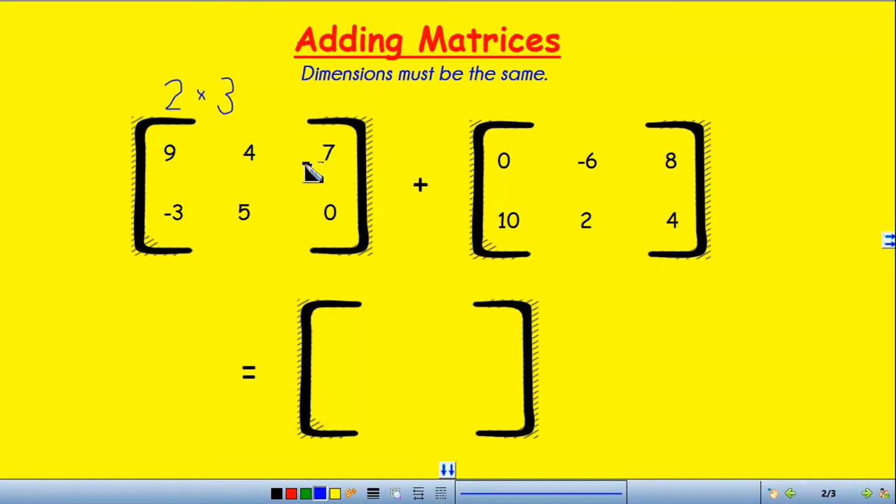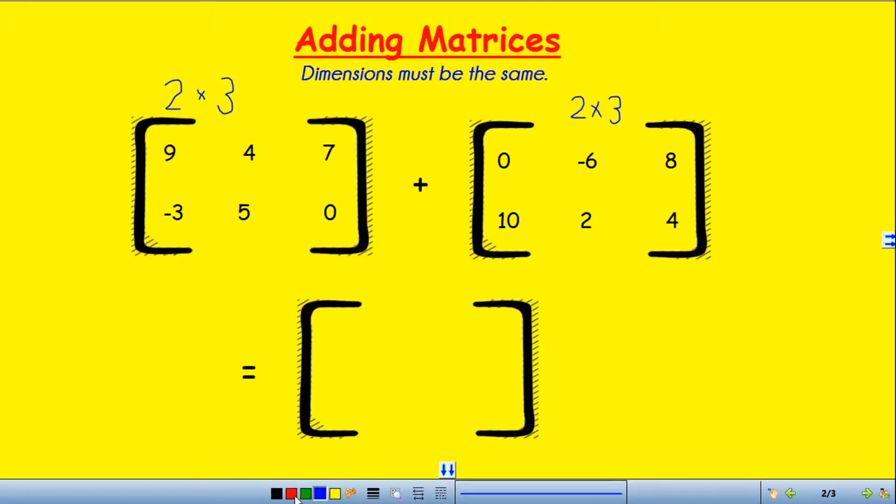Because we have 2 rows by 3 columns. The same thing goes here. We have 2 rows, once again, by 3 columns. So since both of these are 2 by 3, we're able to add them.